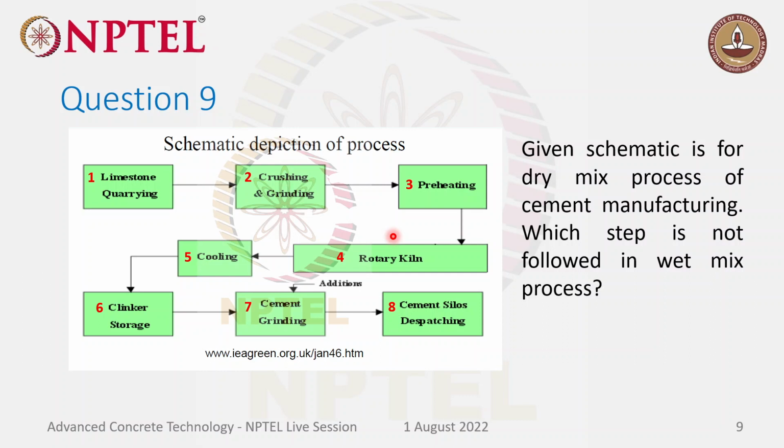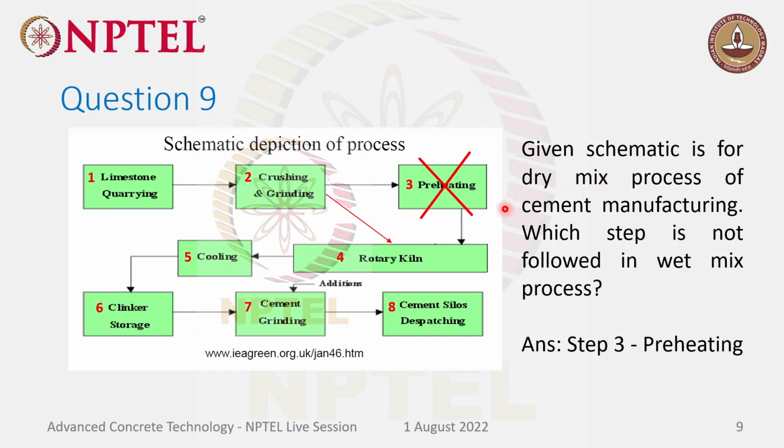Most probably the option is step 3, because preheating is not followed generally in the wet mixing process. We can say the answer in two ways. One is that most of the cement manufacturing industry in India, 80 to 90% or more, is dry mix only, because the dry mix process is more efficient and energy saving.